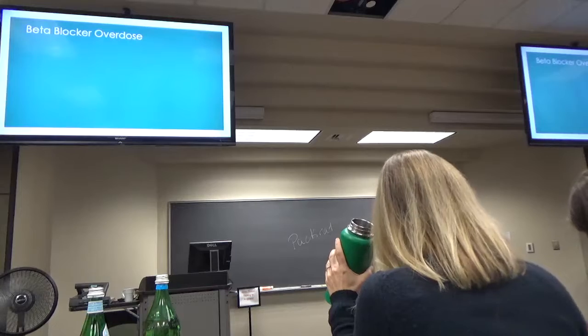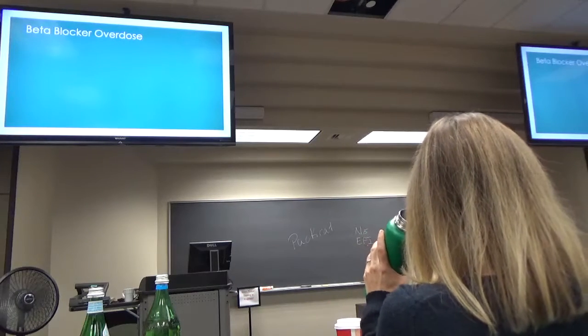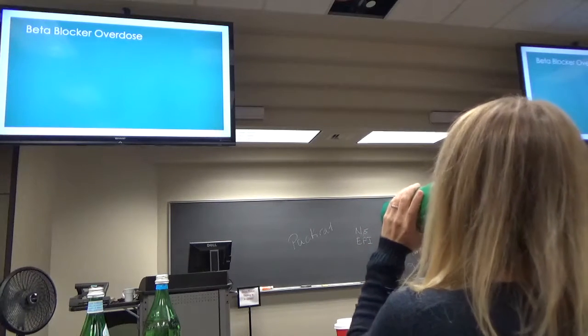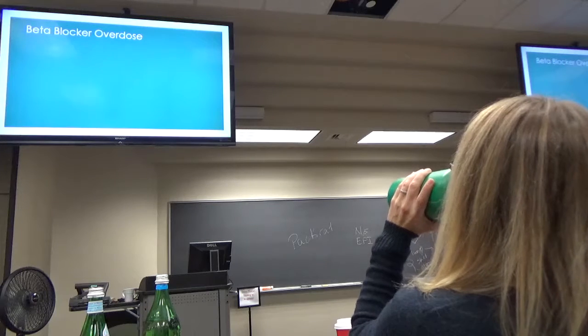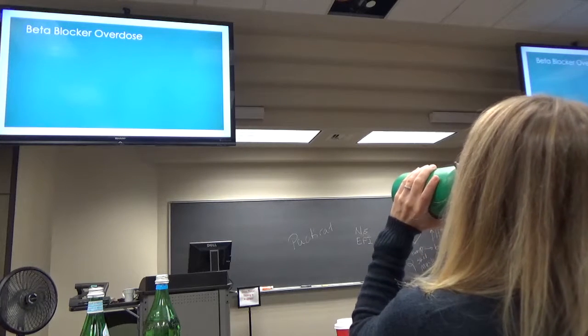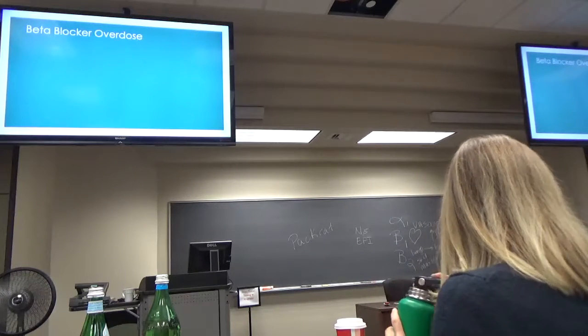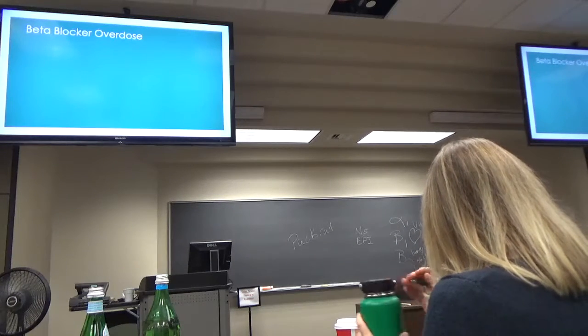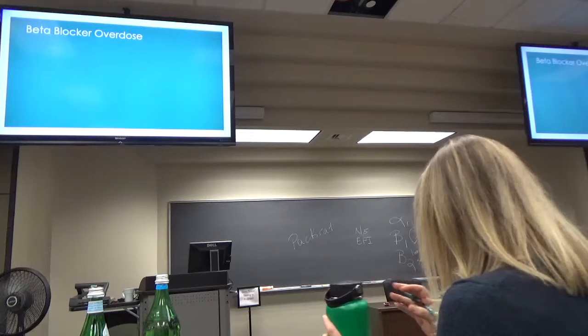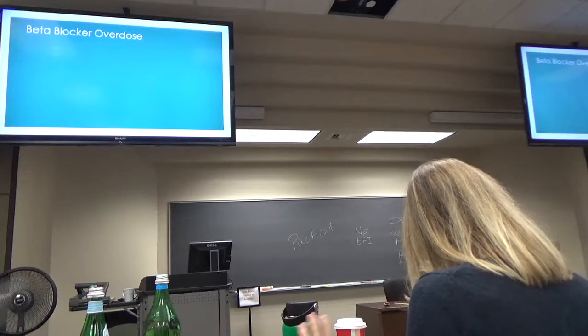Okay. So all beta blockers are not the same. So you can see different toxicities based on the beta blocker they take. And there in the middle, they're listed. Some of them have membrane stabilizing activity. So those tend to have more antiarrhythmic effect. Sotalol would probably be the giant in that group.